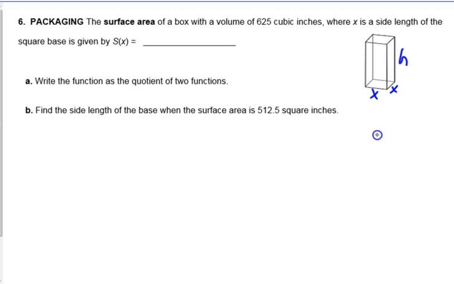Now, the surface area of the box, if I unfold it, kind of looks like this. Anybody ever flatten out a cereal box or something? Okay. But the bottom is a square, so I didn't draw this very well. Let me try again. The bottom is a square.